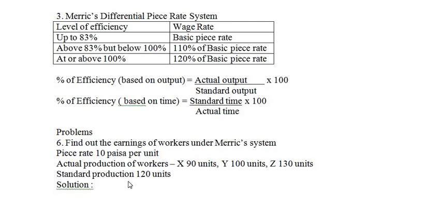First, three differential piece rates will be calculated, that is low, medium and high. Low means basic piece rate, medium is 110% of basic piece rate, high means 120% of basic piece rate. Now again go through the problem to see whether they have given the basic piece rate. Here they have given piece rate 10 paise per unit. So per unit is nothing but the piece rate.